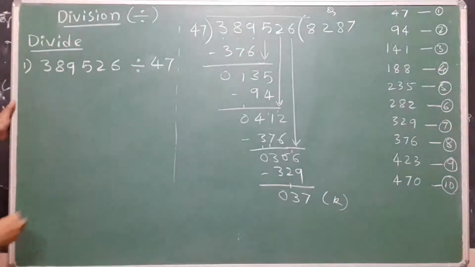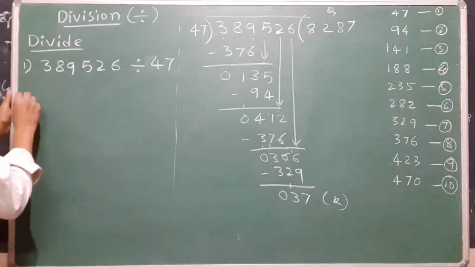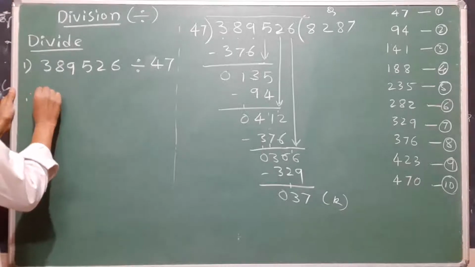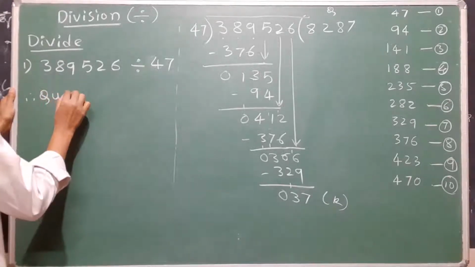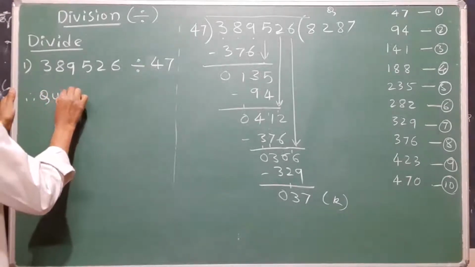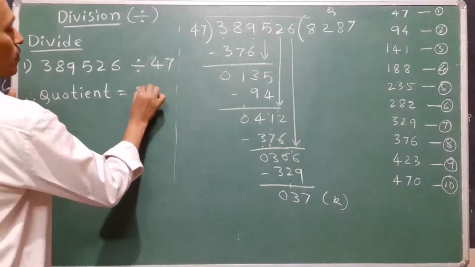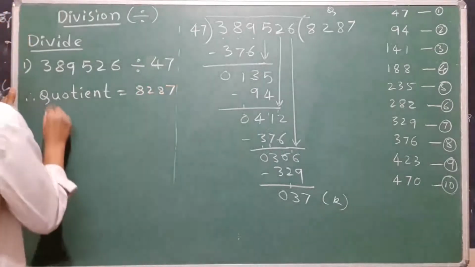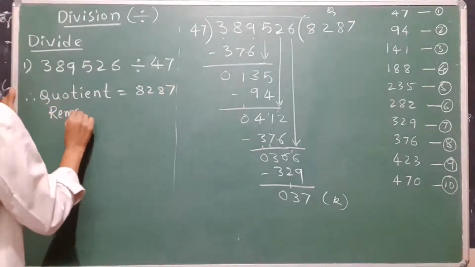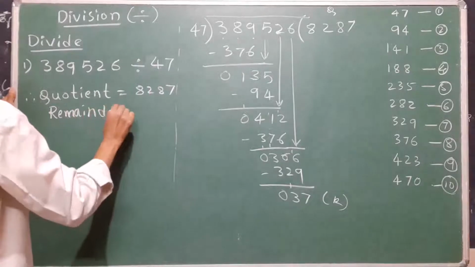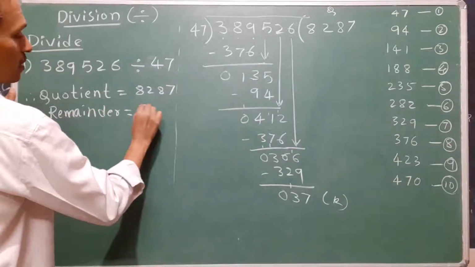We get the quotient and remainder as 8287 and 37. Therefore, the quotient is 8287 and the remainder is 37.